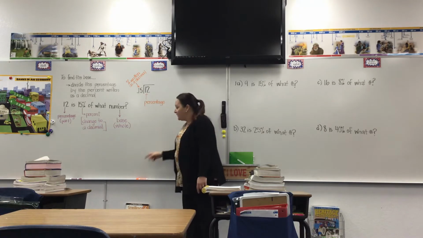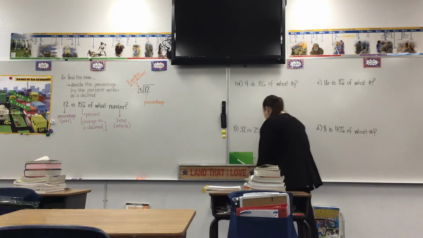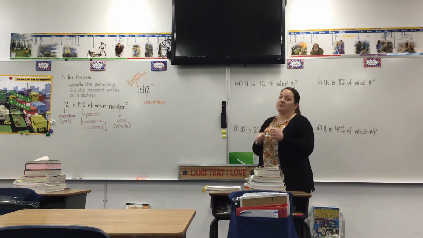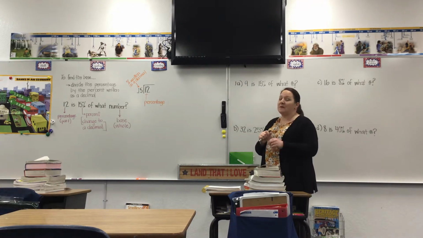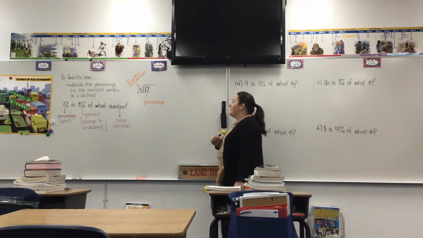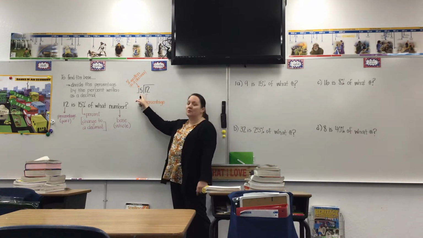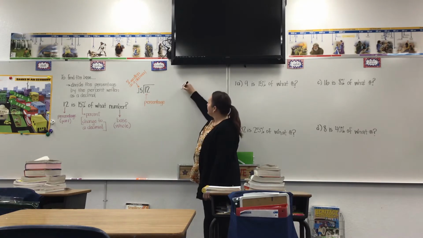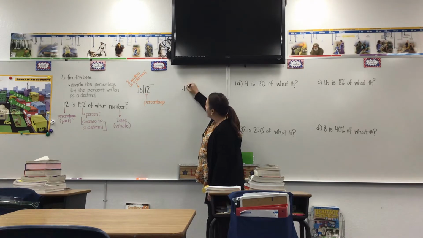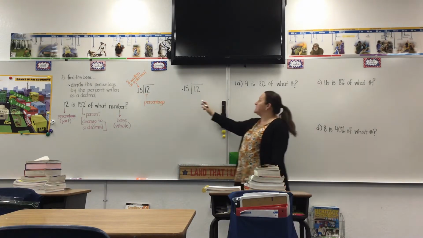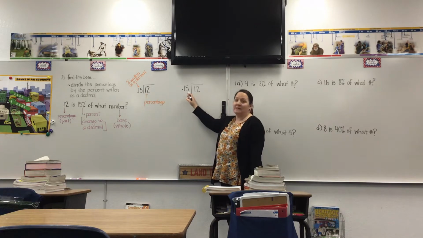Now in order to divide this, I have to do something first. See if you can think what I need to do. If you thought that you have to move your decimal in order to divide, you're right. So if I have 0.15 into 12, I have to move my decimal 2 places to the right because I can't divide with decimals.